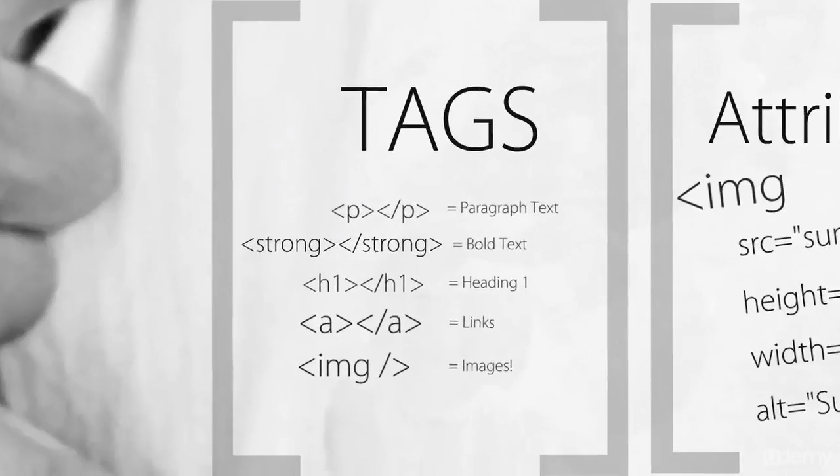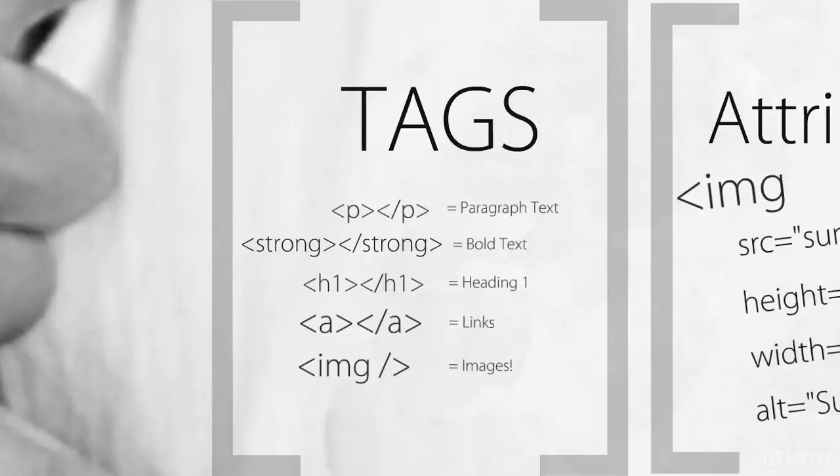Let's have a look at a tag now. So P start, P end. What does paragraph mean? Paragraph means the main text in your website, for example, you have a title and the description. So P means paragraph text.